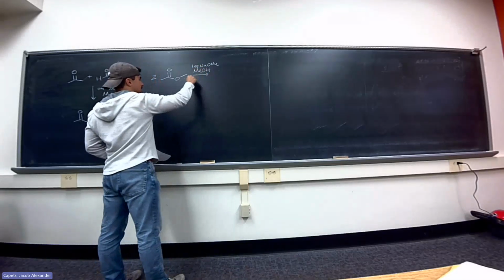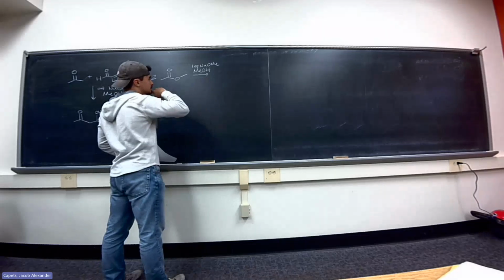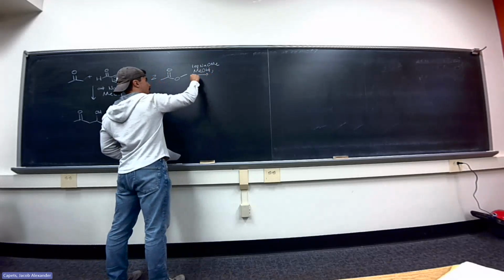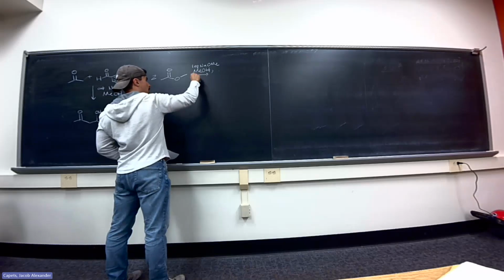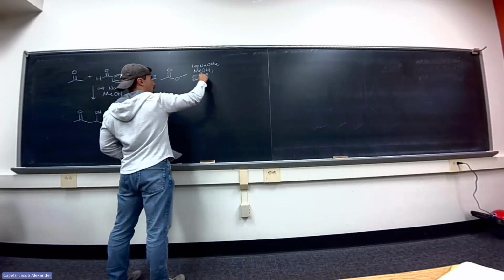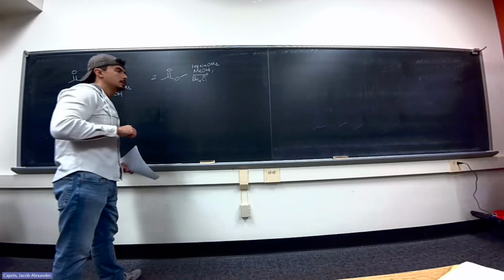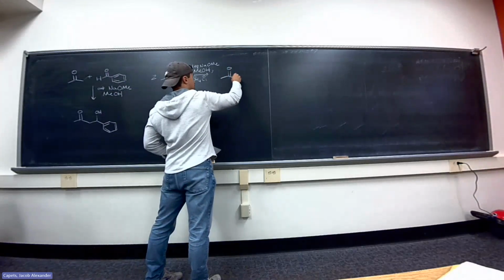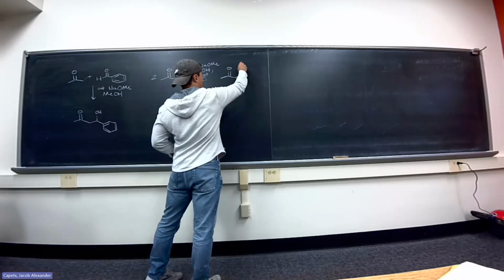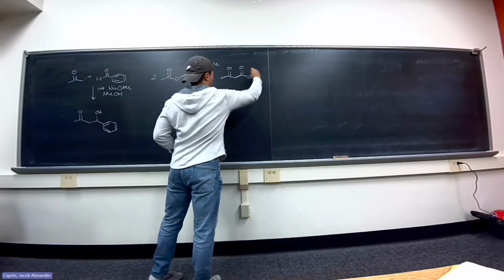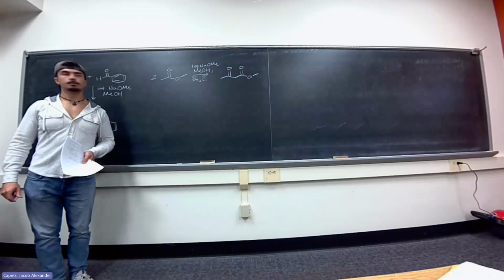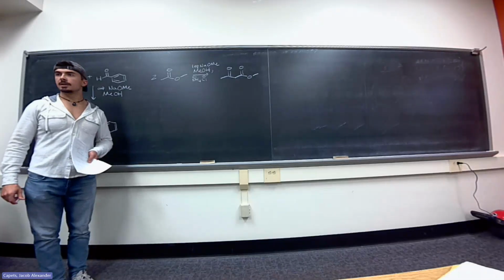Like if this was an Et and I had an Et in the product, then I would use sodium ethoxide and ethanol. And then ammonium chloride. That's Claisen condensation.